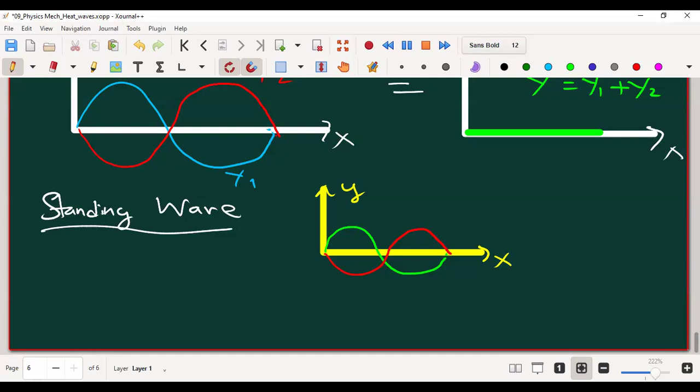We can set that this is an antinode. This one is node. Node and antinode. Also this one is node, and this one is node. This one is antinode, this one is antinode.